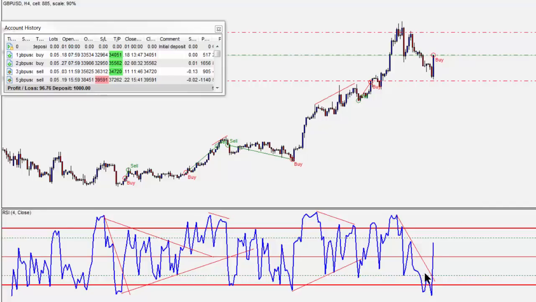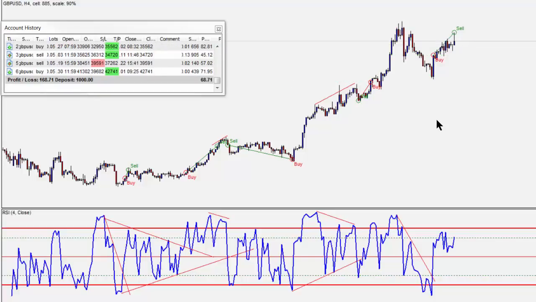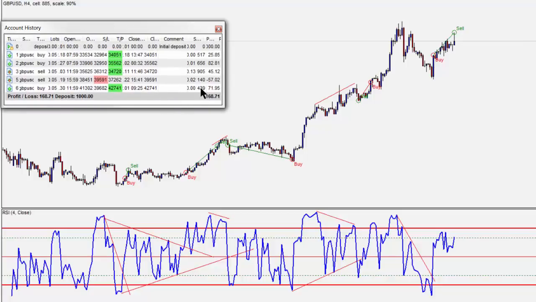Now this is a marginal trade, as I said, and let's see if it will work. Whoops, okay, it's gone positive, it's all over the place a bit. Okay, so it just took the profit there, and we've just recorded another positive trade.